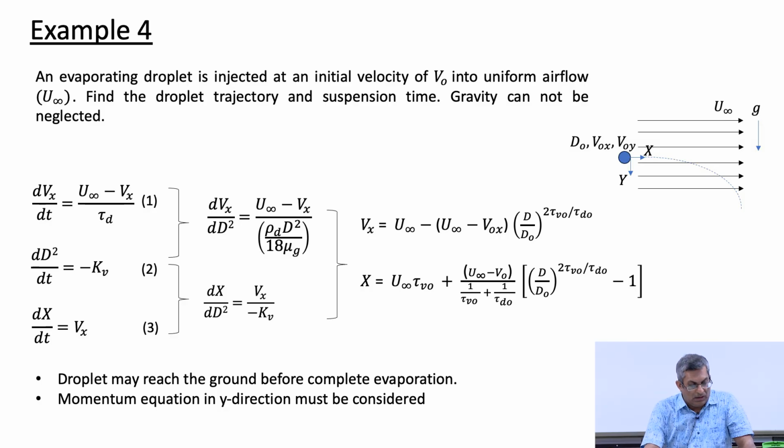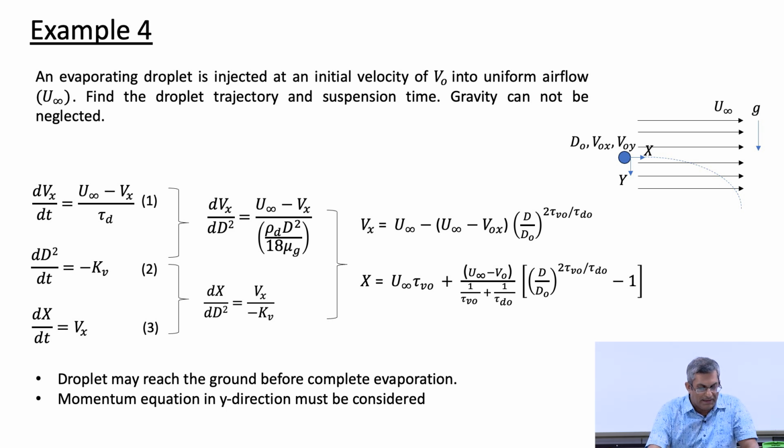Then we need to calculate the vertical distance travelled by the droplet before complete evaporation. So you need to calculate basically the final y. However, here we have to compare this with the height at which the droplet was injected. So that height must be known. If this height is larger than the final distance, this means that the droplet would evaporate in the air only, before reaching the ground.